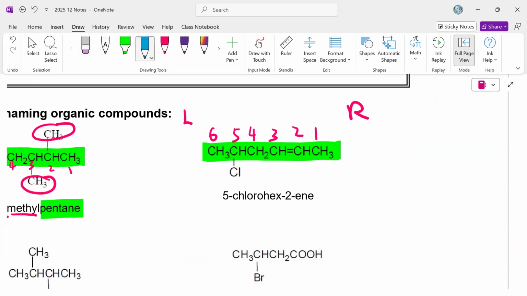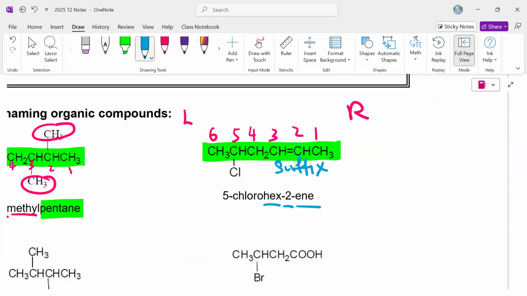So it's a 6 carbon hex. At number 2, there's an alkene. So I'm going to tell people it's at number 2 and not at number 3 and not somewhere else. So hex-2, and the suffix of the functional group is -ene. So hex-2-ene. The 2 is within the stem and the suffix name because there was a substituent.